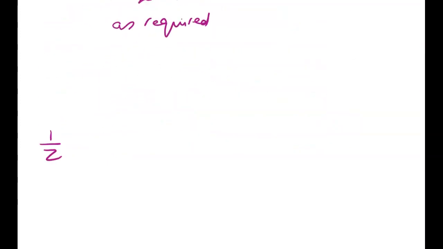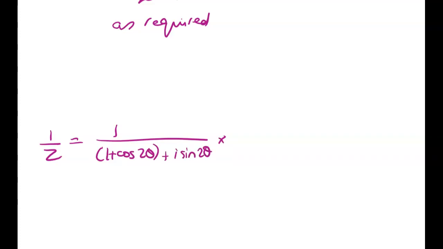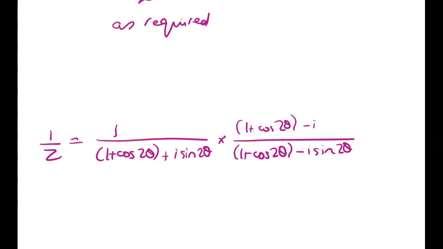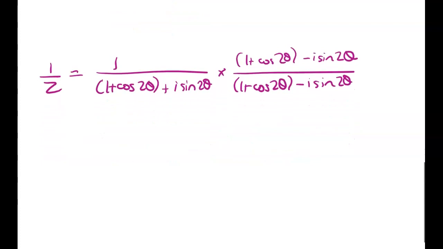Okay, so this was how I did it. I just went 1 over z is equal to 1 over 1 plus cos of 2 theta plus i sine of 2 theta. And then I multiplied by the conjugate over the conjugate. Right, now we're only interested in the real part of that.